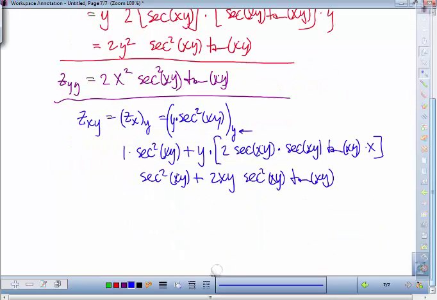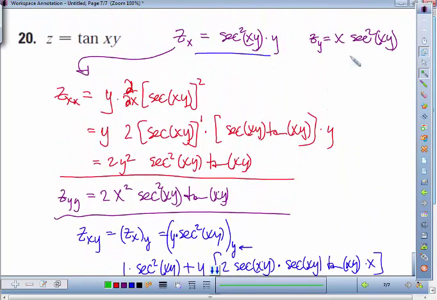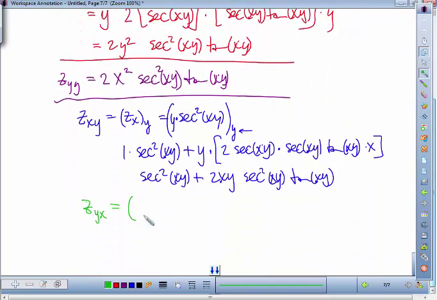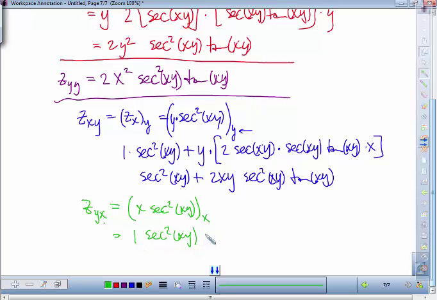All right, we got one more. Let's do it. Zyx. So first take the derivative with respect to y. Our result was x secant squared xy. And then we want to take the derivative of that with respect to x. So, product rule again: derivative of the first times the second, plus the first times the derivative of the second.